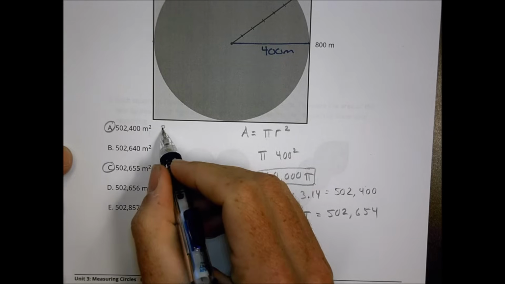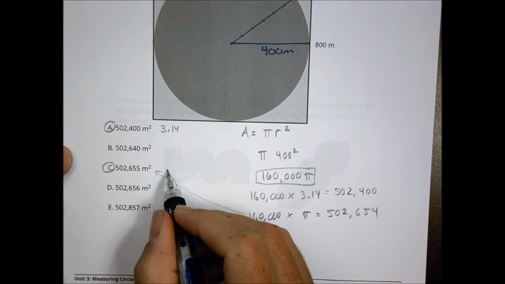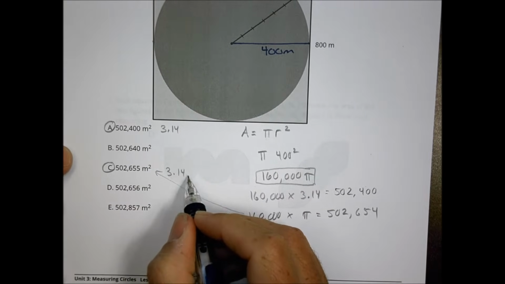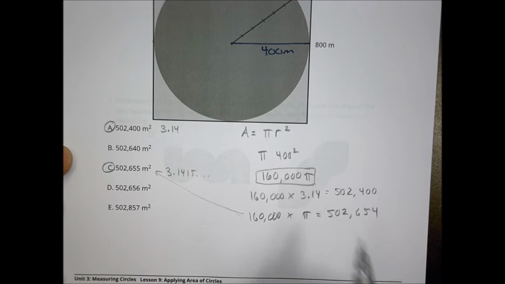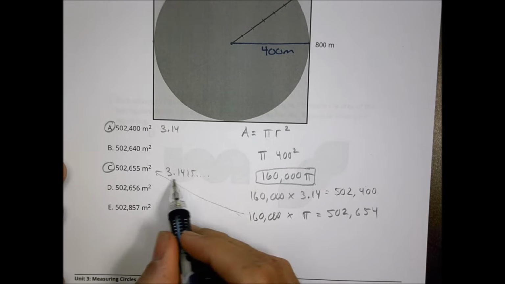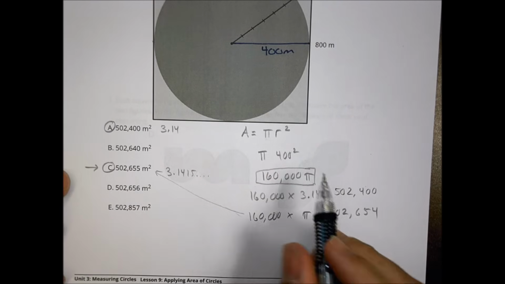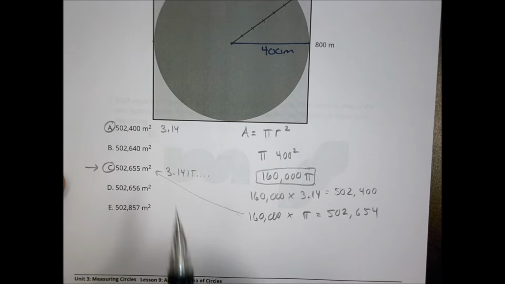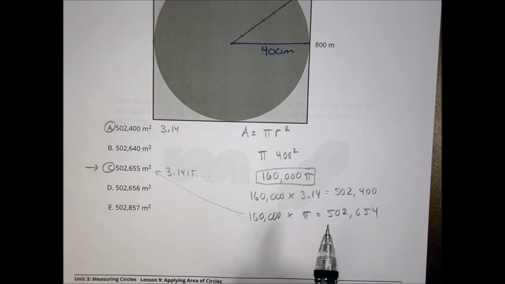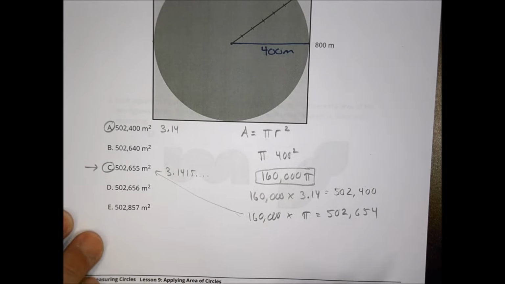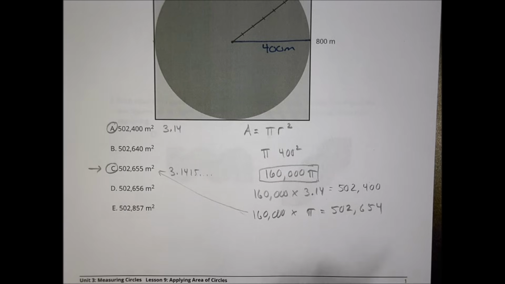This is when pi is just 3.14, and this is when it goes out a few more, 3.1415, a little further out. The more precise I am with pi, the more precise my answer is going to be. If you use 3.14, you'd get that. If I use my pi button, I would get that one. I probably wouldn't get these other ones though. This is larger than pi. So the most accurate answers are going to be A and C for this first chunk.